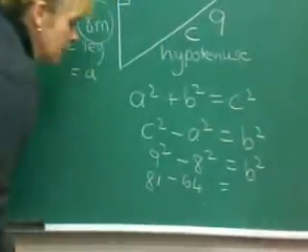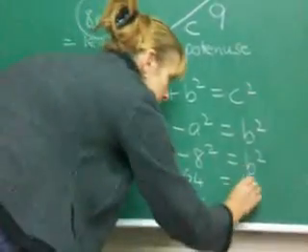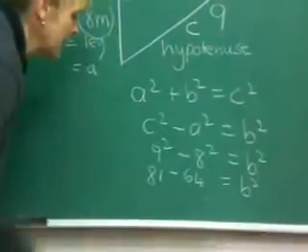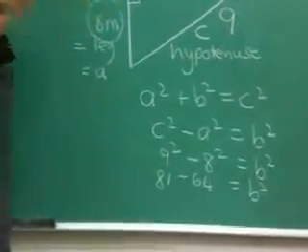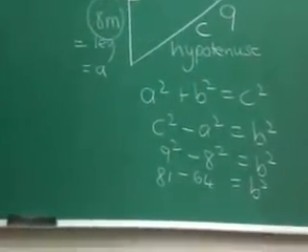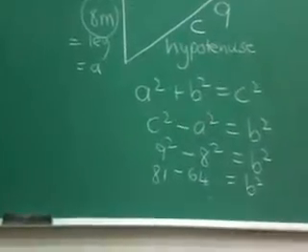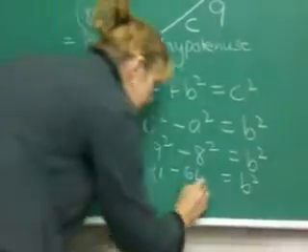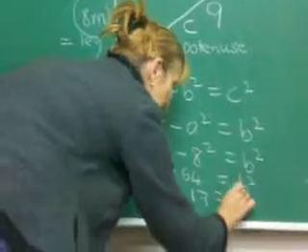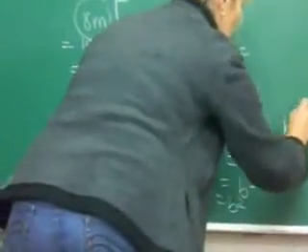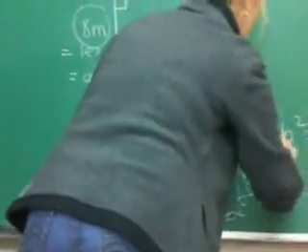That is B squared. Now what is 81 minus 64? Let's quickly see. That gives us 17. So B squared is 17.